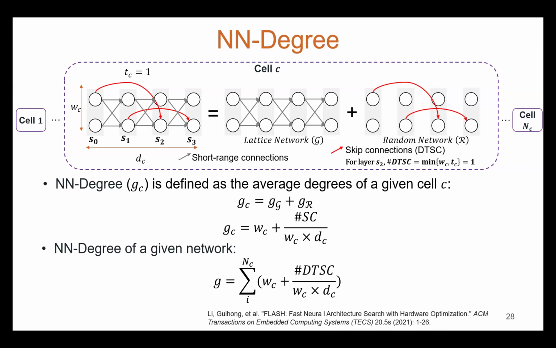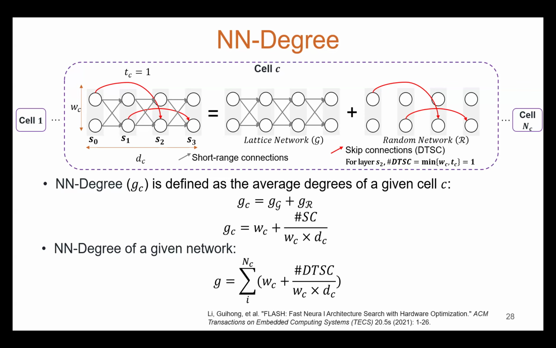But the final result, which is kind of deceptively simple somehow, shows that we can compute the NN degree of this cell as the sum between this, and then the NN degree of a given network is just the sum over all the cells. So a cell is the one that has the same width and a certain depth, okay? And when you sum all these, you can get an NN degree of the network that is here.